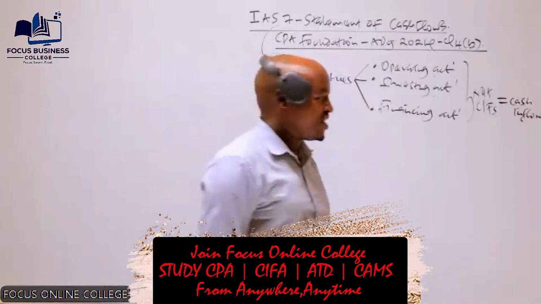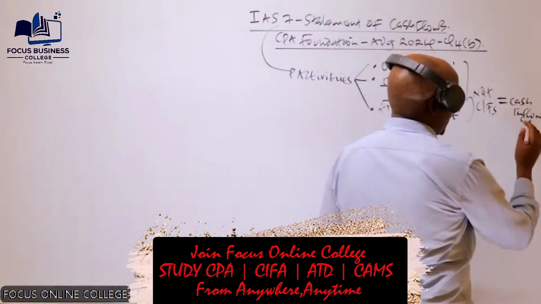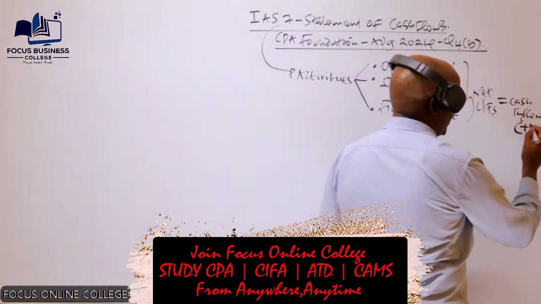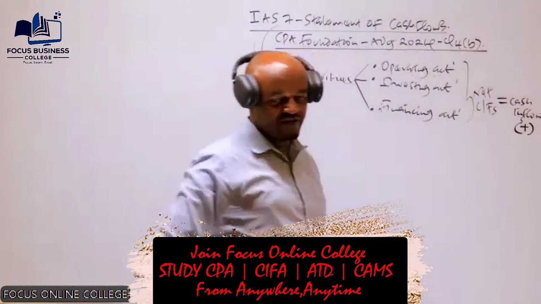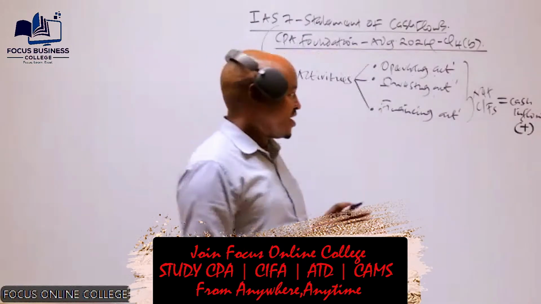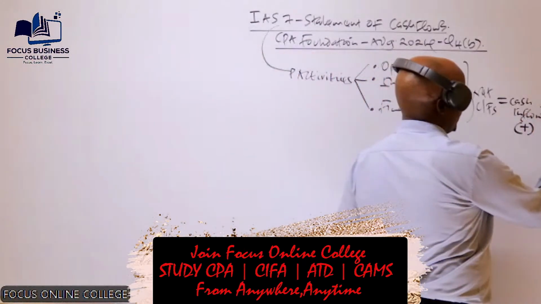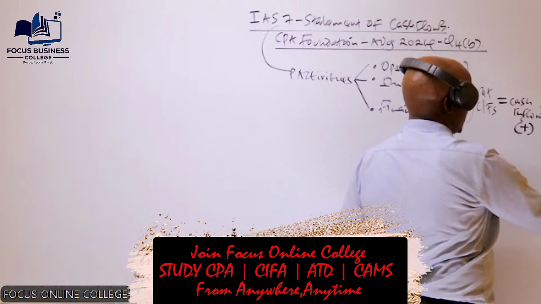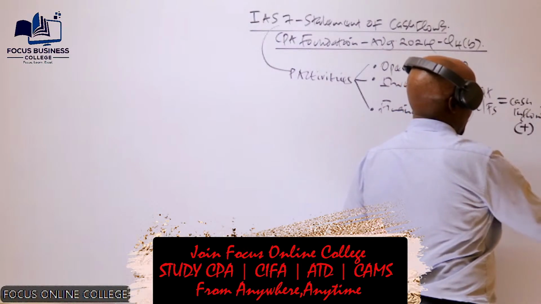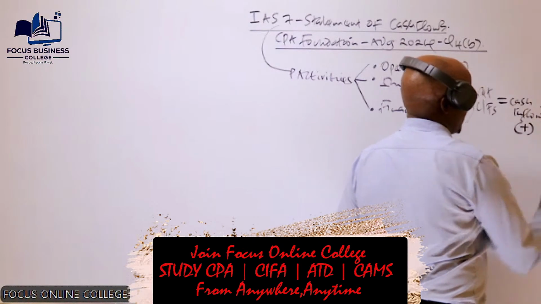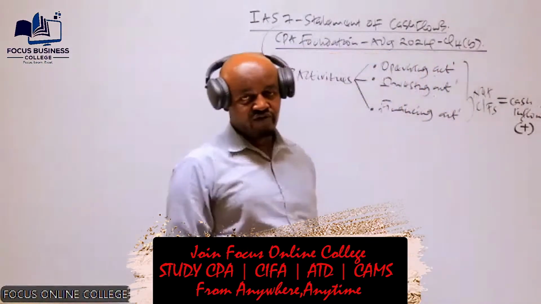inflow. The other rule is that when preparing the statement of cash flow, any amount which is a cash inflow, we record in our statement of cash flow as a positive. So we take the cash inflows, and then from this we less the cash outflows. The cash outflows refer to any cash which is flowing out of the business.